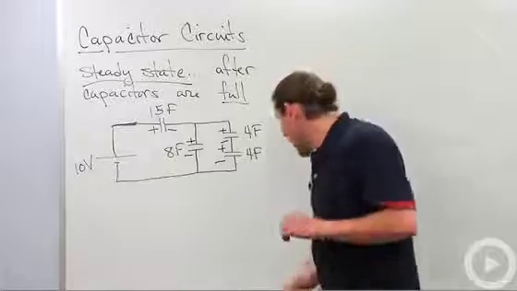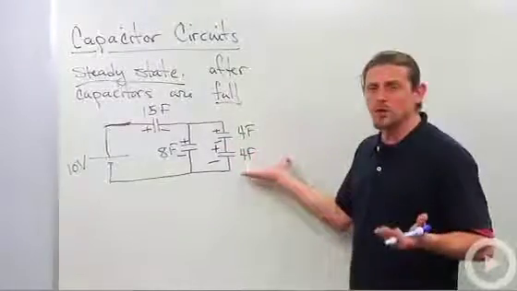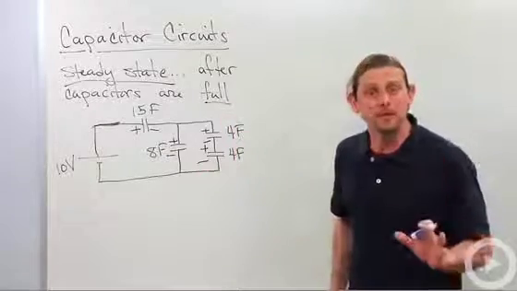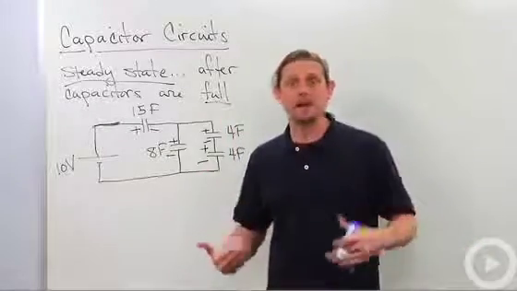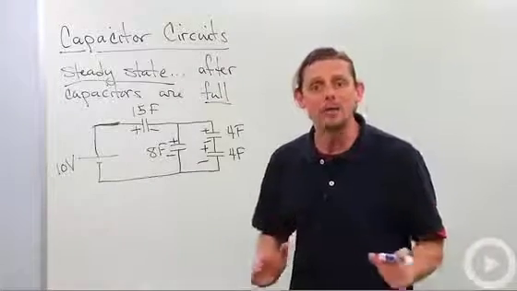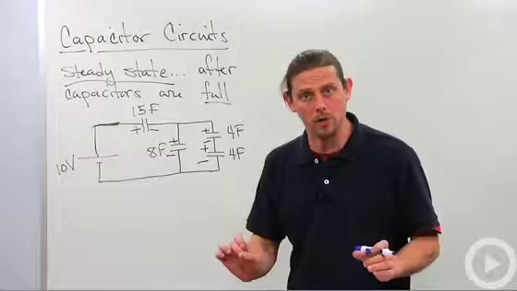All right, so let's go ahead and do this. The first thing, it's obvious, these two 4 farad capacitors are connected in series. So that means that we have to combine them in series. Remember, in series, capacitors add in reciprocal.